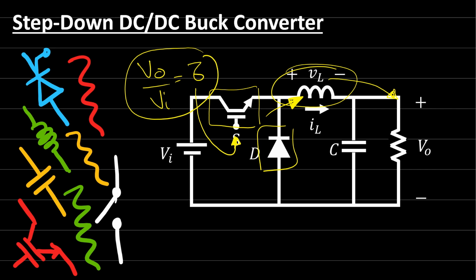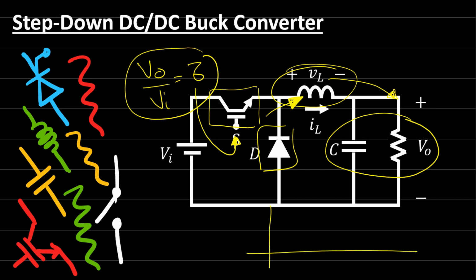If all the energy stored in this inductor is transferred to the capacitor and the load before the switching duty cycle became zero, the operation is termed discontinuous conduction mode, since the inductor current has reached zero. If the duty cycle is turned on before the current in the inductor reaches zero, the continuous current flows in the inductor, and this operation is considered continuous conduction mode for this converter.